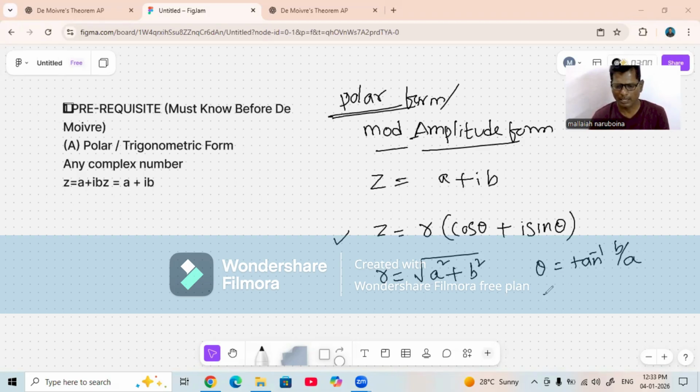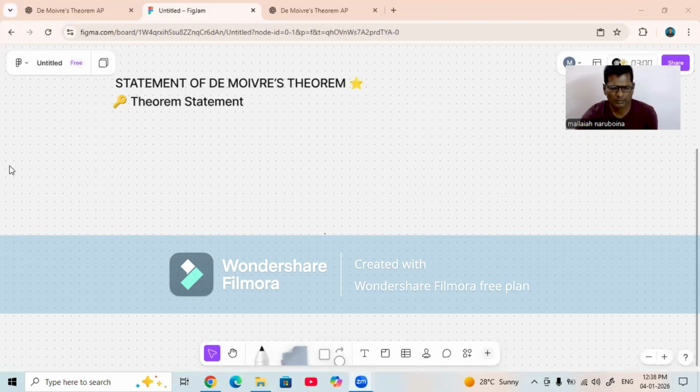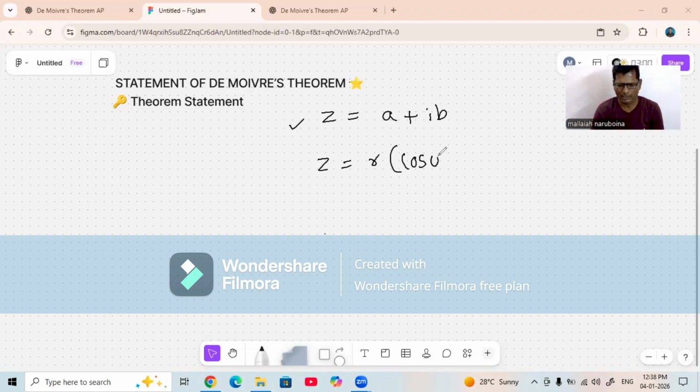This is amplitude. Now, statement of MOIVRE'S theorem. We know a complex number is in the form of a plus ib. Now, I am writing the polar form or mod amplitude form, that is, z = r(cos theta + i sin theta).